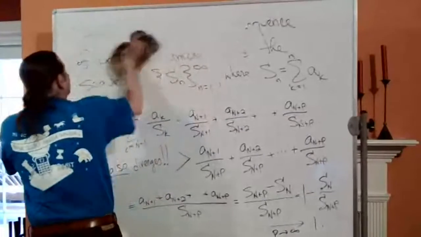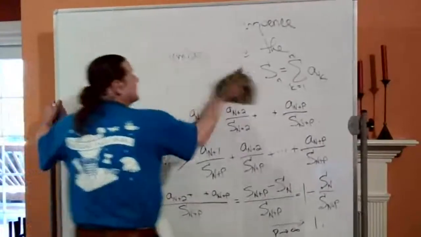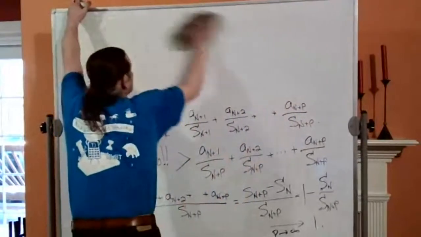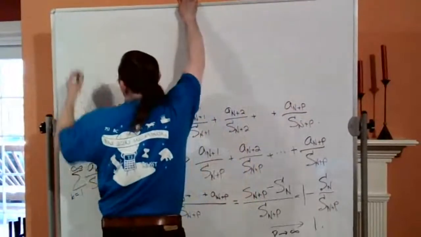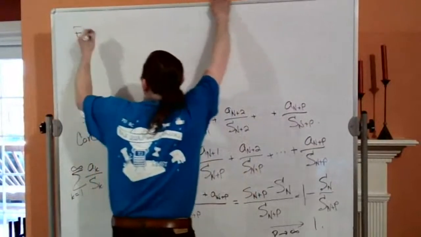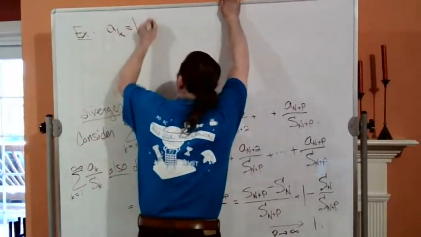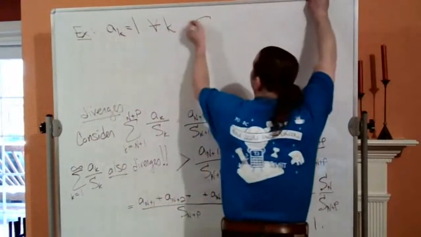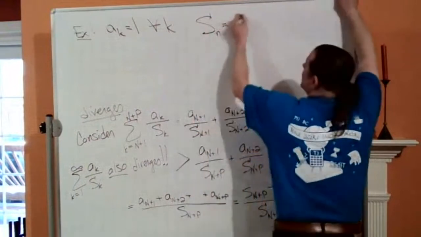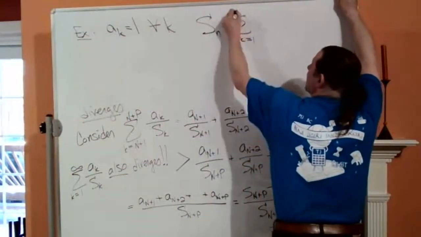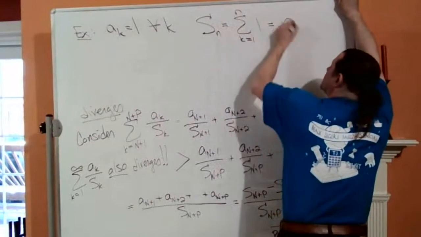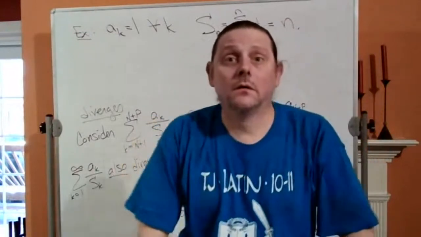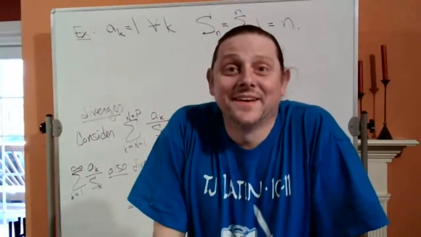All right, suppose that ak is equal to 1 for all k. So then Sn would be the sum from k equals 1 to n of 1, which is just n. Okay? And obviously, that diverges.